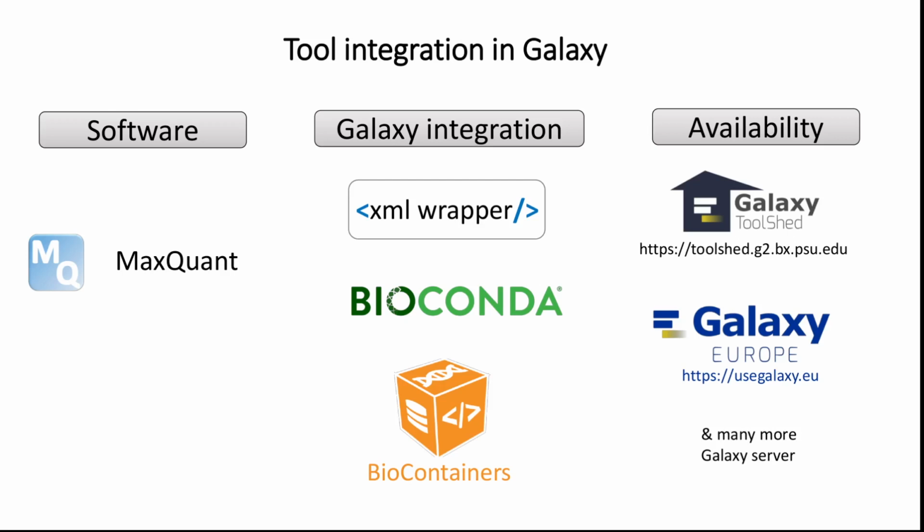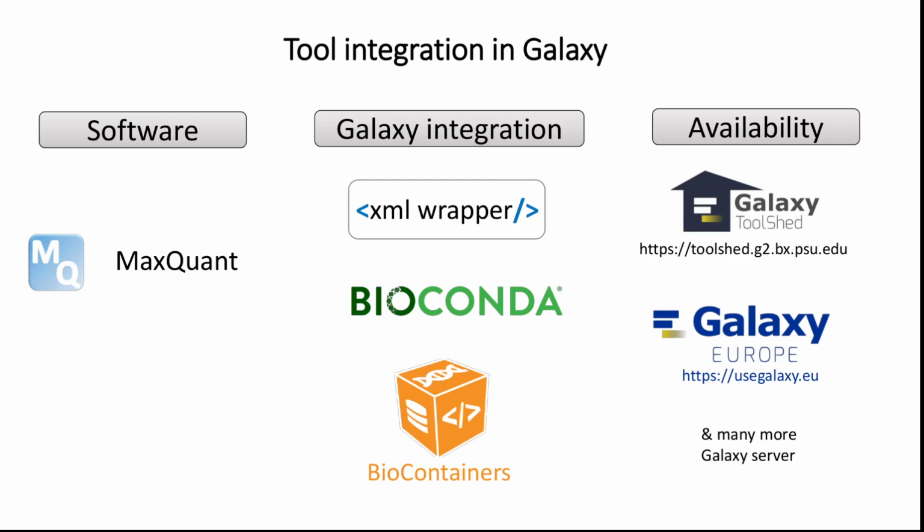For the tool integration in Galaxy, one writes a so-called XML wrapper, which specifies the inputs and outputs as well as the tool parameters. All the tool dependencies that are needed for the successful tool installation are specified in a Conda recipe, and out of this, BioContainers are generated for each tool.